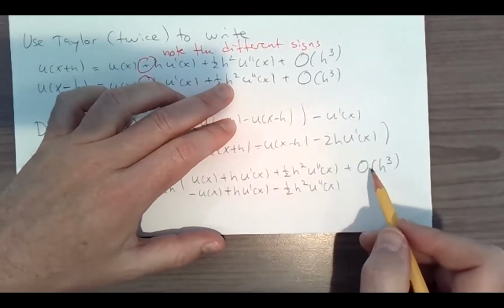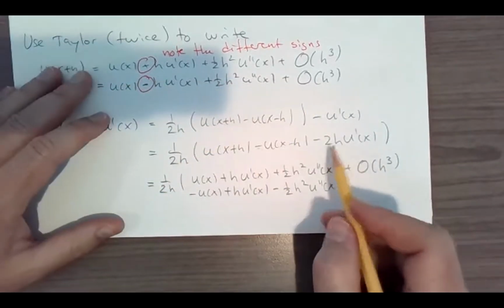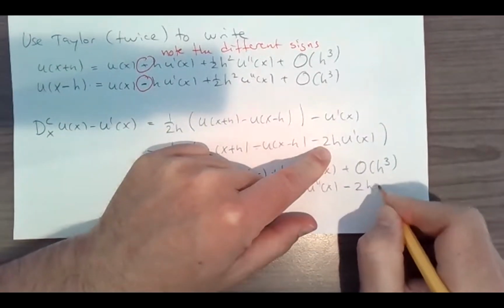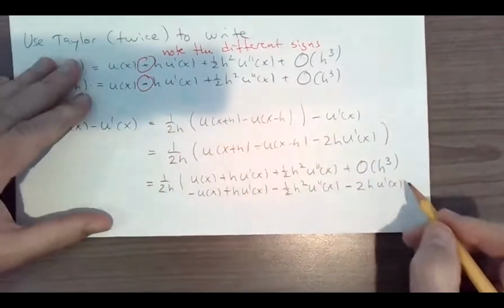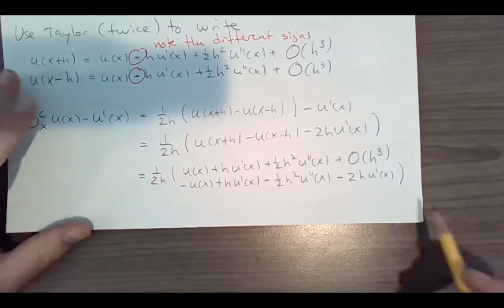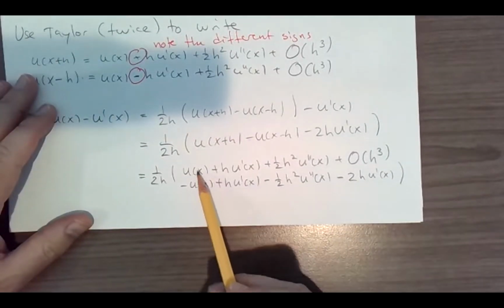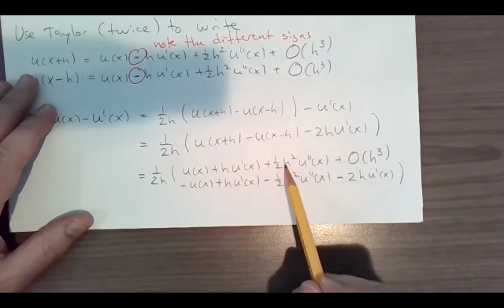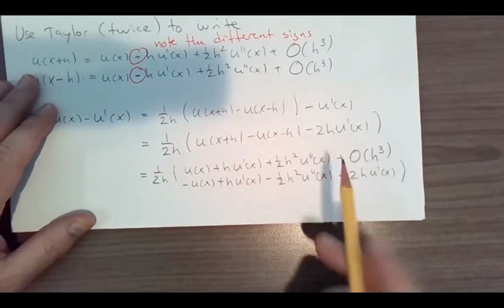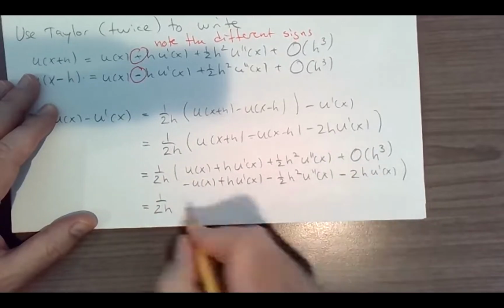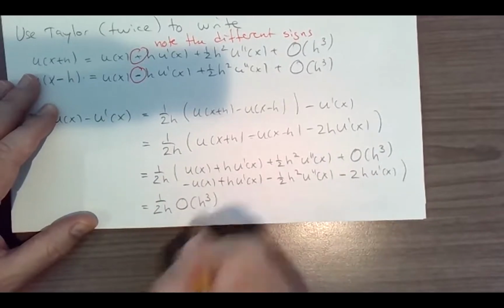I already got that. And the last part is this one, minus 2h u prime of x. And so what we see is a bunch of things will cancel out. Like these two cancel, these two and that one will cancel, and these two here will cancel. And all I'm left with is 1/2h times O of h cubed.